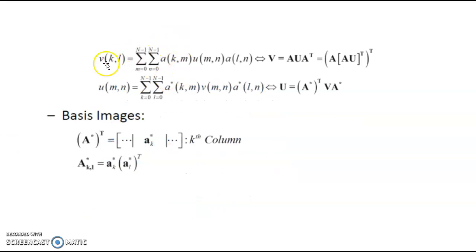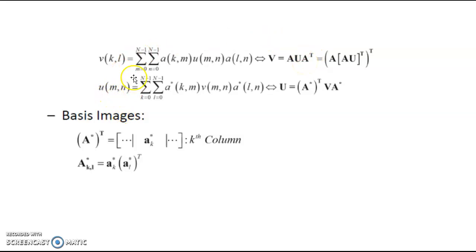So I can rewrite the expression for V_KL as A_KM into A_LN. Or you can write it in the matrix form: V equal to A into U into A transpose.